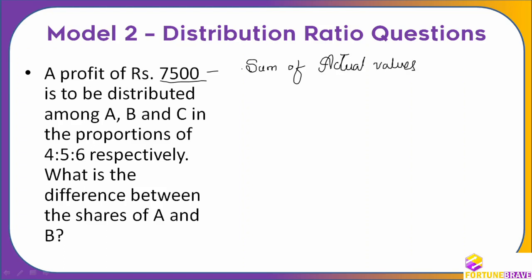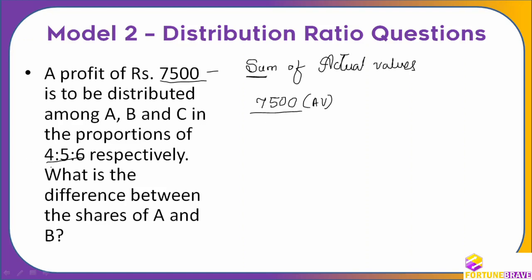When we have the sum of actual values and we have the ratio, what are we going to do? We take the actual value and divide it by the corresponding ratio value. Now when it is a sum, we sum the ratio and divide the actual value by that number.